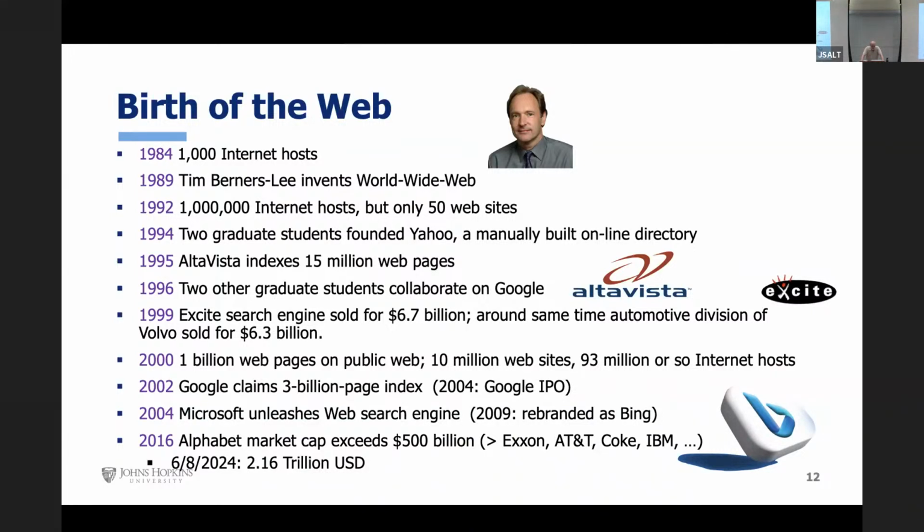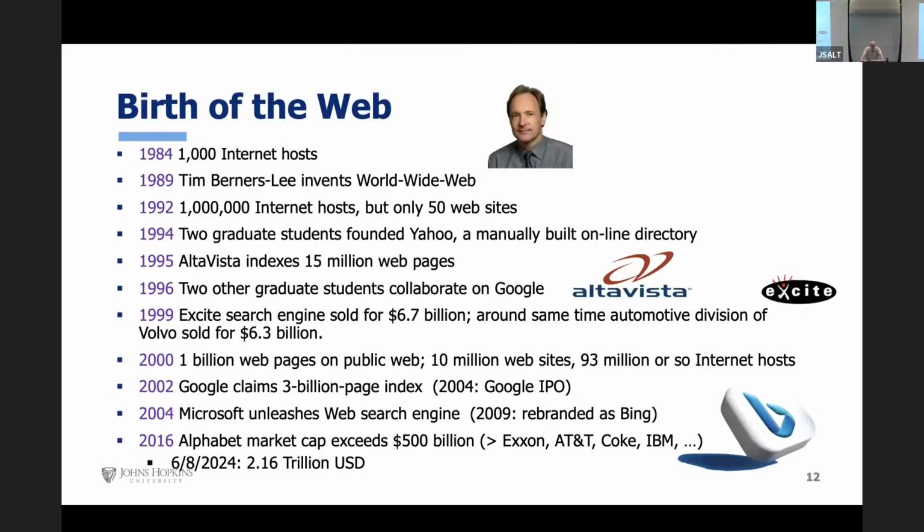Google came along. By 1999, the Excite search engine sold for $6.7 billion. And this is last century money, right? And it was more than an actual car company that actually produced cars sold for around the same time.